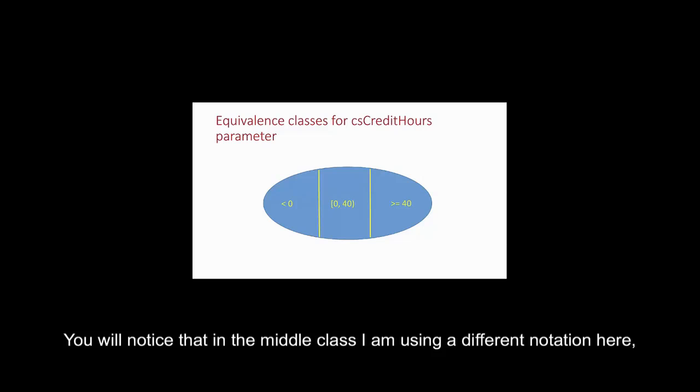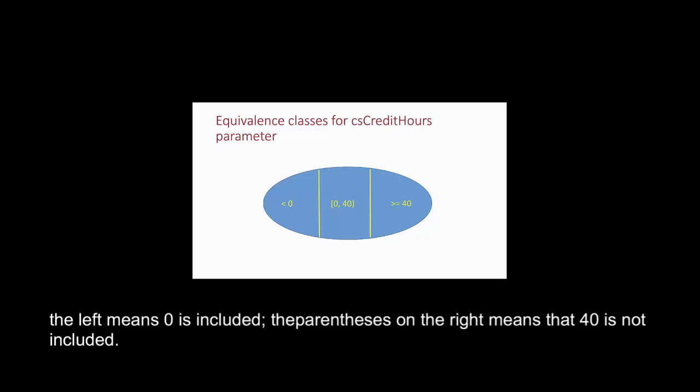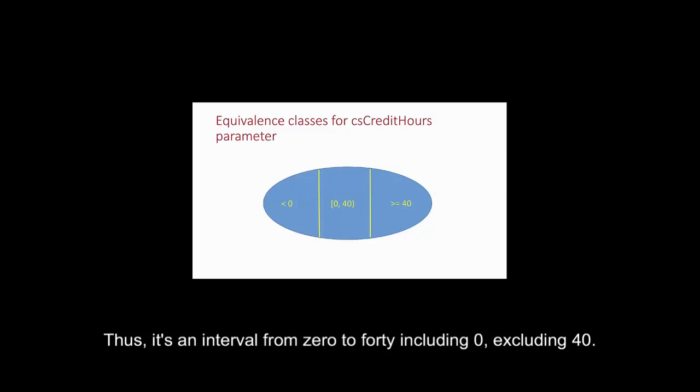We should not have negative values of credit hours. You will notice that for the middle one I'm using a different notation here just so that it's easier to fit on the screen. The square bracket on the left means 0 is included, and the parenthesis on the right means that 40 is not included. So it's an interval from 0 to 40, including 0, excluding 40.